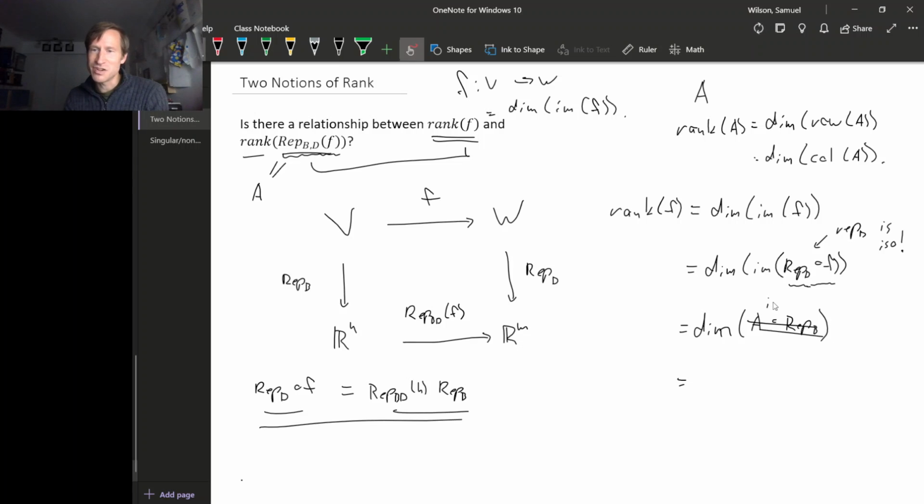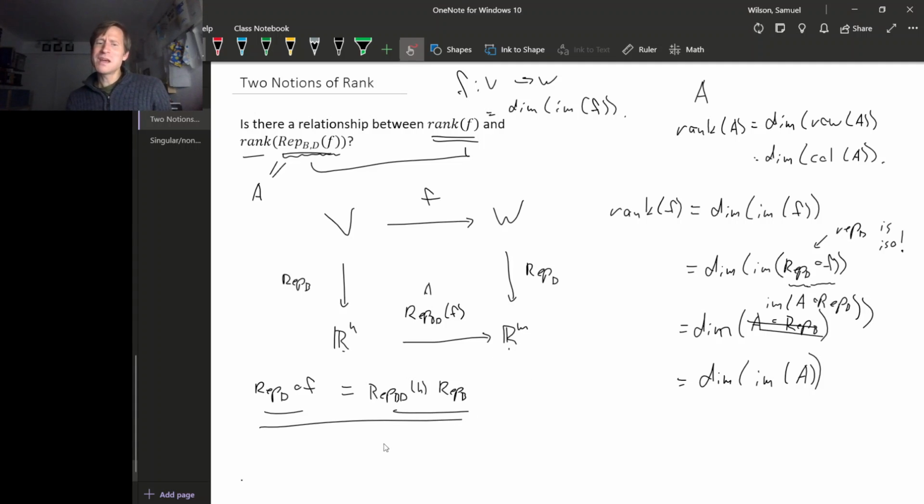So this is the dimension of the image of A composed with rep B. Okay, there we go. But rep B is an isomorphism, so it's not going to change the dimension of anything. So this is the dimension of the image of A. And when I say the dimension of the image of A, what I mean is A acting as a linear map from Rn to Rm.